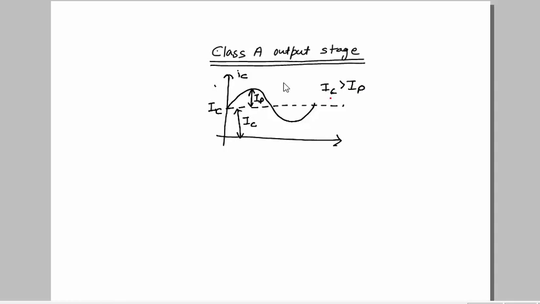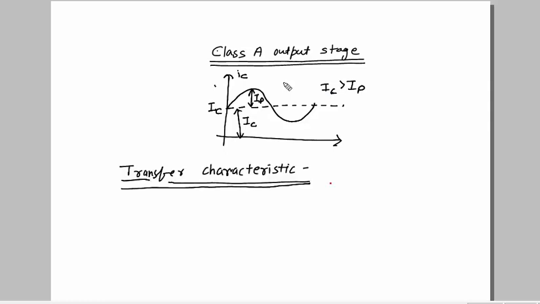Okay, now in this class we are going to study the class A output stage in detail with a circuit diagram. Let us have the first topic as the transfer characteristic. Since the emitter follower has a low output resistance, it is the most popular class A output stage. So we are going to use an emitter follower as the main transistor.